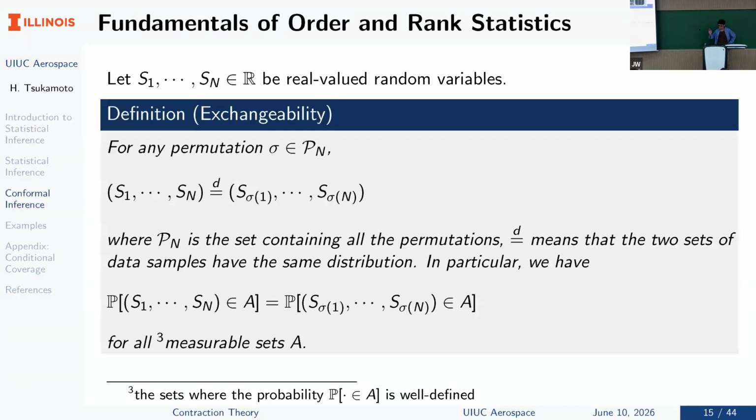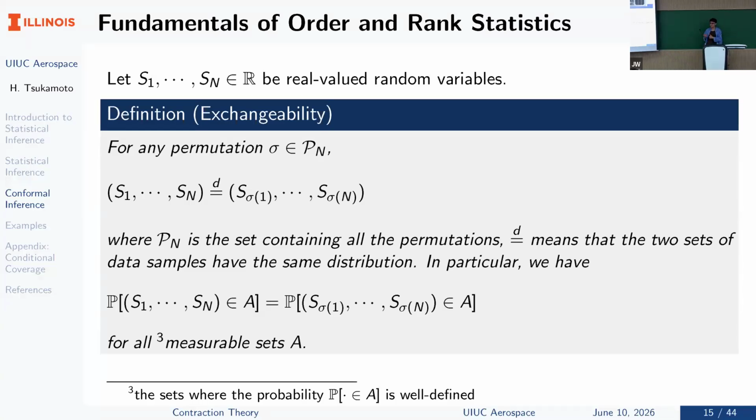One of the biggest assumptions we make is what's called exchangeability. Let's say you have n data points. Let's permute the data. Exchangeability basically says that the joint distribution of the entire data remains unchanged, which is a strong assumption we are trying to relax.